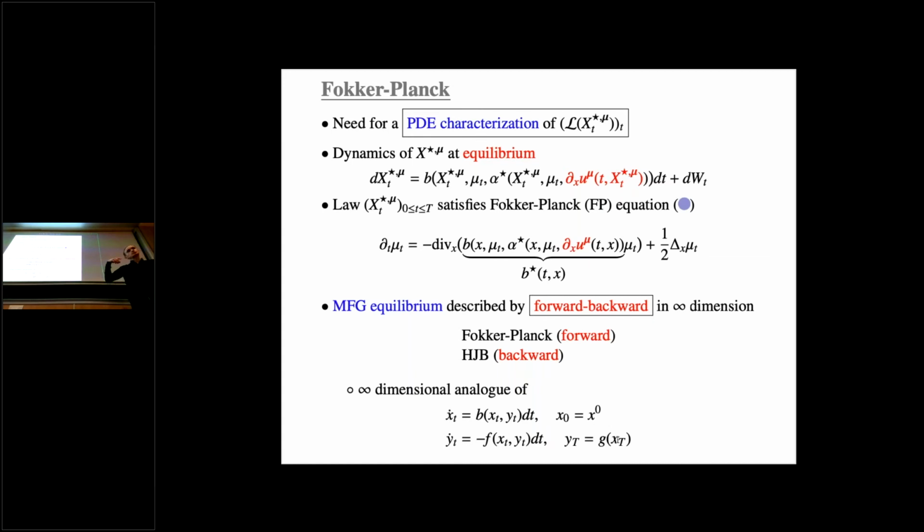Now I'm going to show you that, in fact, you can reformulate this by probabilistic arguments. I'm not claiming that you get results that are completely different from the PDE point of view, but it becomes useful to have this in mind when you try to generalize the model.